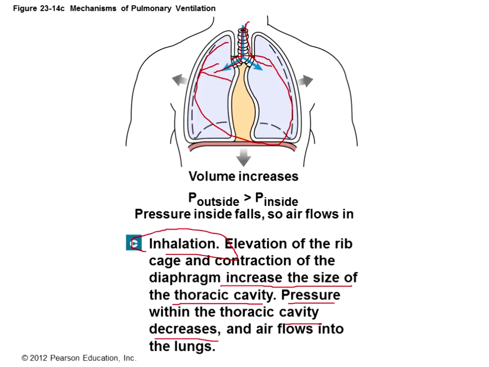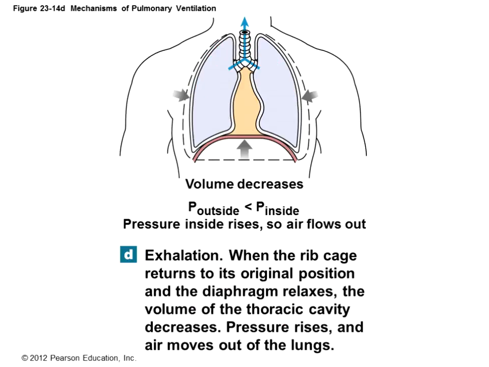As a result, air flows into the lungs because you've changed the size of that cavity, and therefore the pressure. You have decreased pressure in the lungs, so air flows into the lungs. That's an important concept to understand. This is why air flows into our lungs when we inhale.